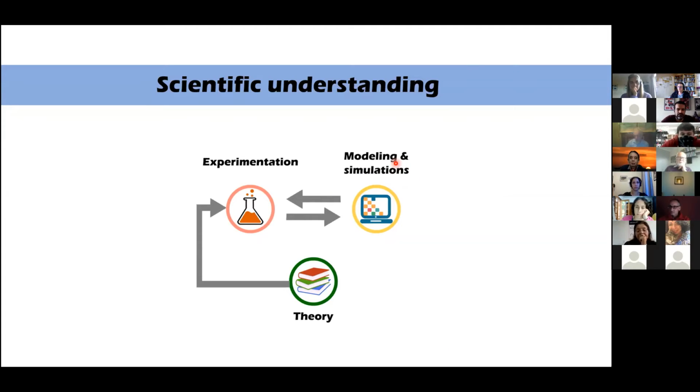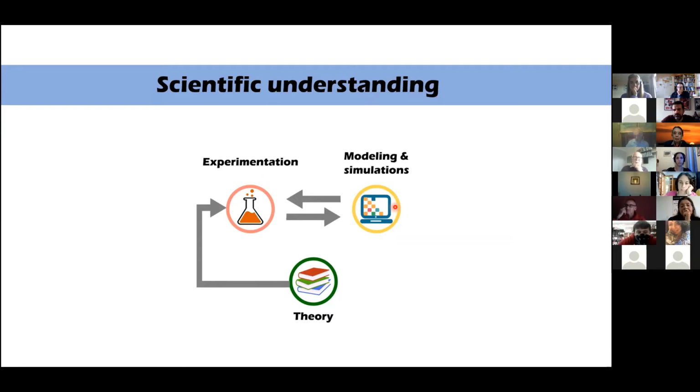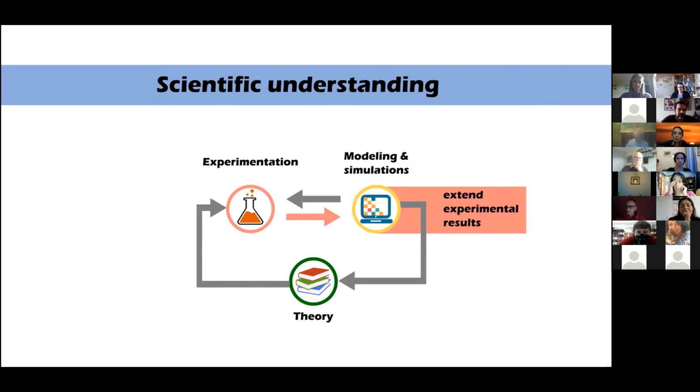We can also ask how well simulations can predict the experiments, which is a good test of whether you have considered all factors relevant to the experiment. Finally, results from modeling evolve theory and feed back into new experiments.